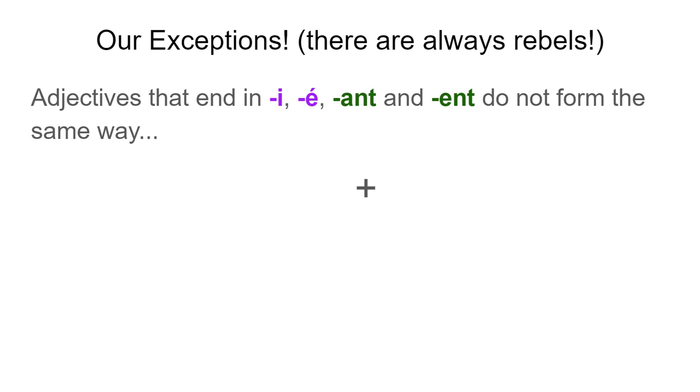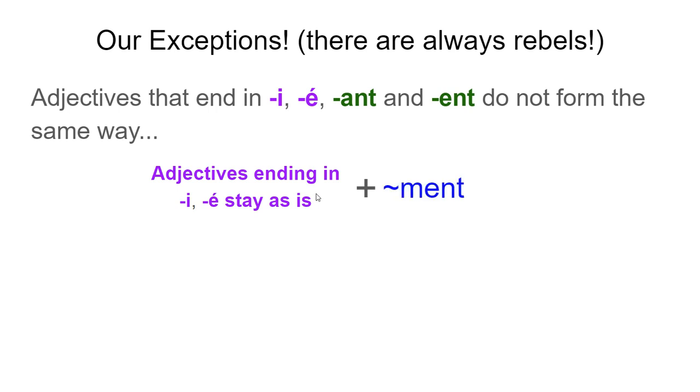So, let's go over the adjectives that end with I or accent aigu. So, because it's already a vowel, we're not going to go ahead and add that extra E because there's no point to it. All right, so they stay as is. And we still add our MENT.